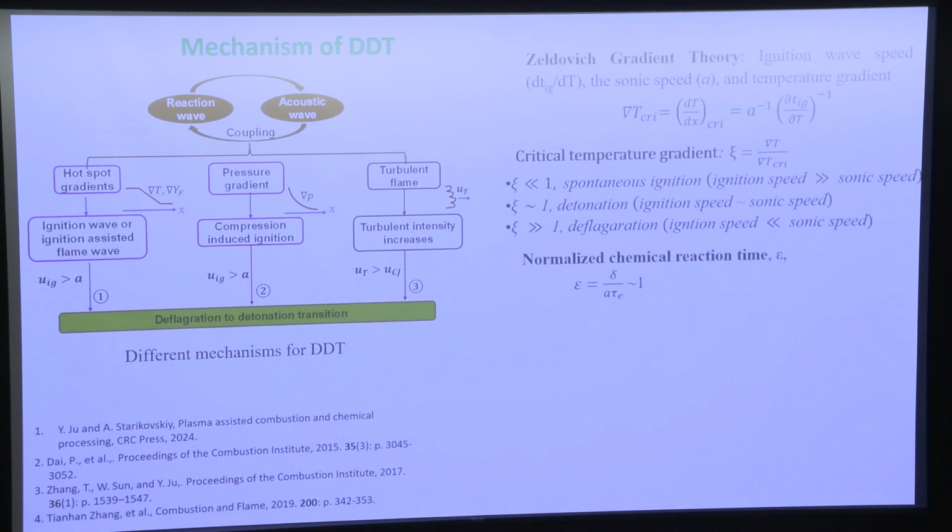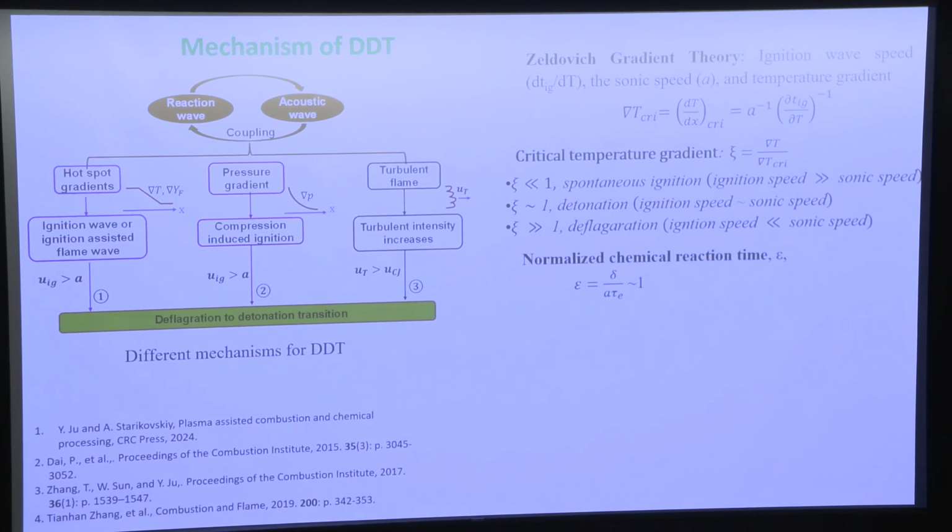But there is one more condition. Bradley in the UK defined that not only do you have to have a fast ignition speed. For example, very lean mixtures never detonate. Ignition can be fast, but never detonate. He proposed that the time of combustion in a flame thickness, that's delta divided by the velocity, has to be greater than the sonic speed.